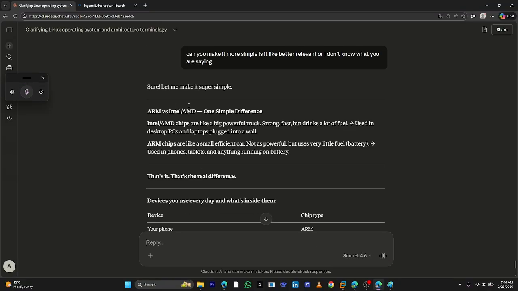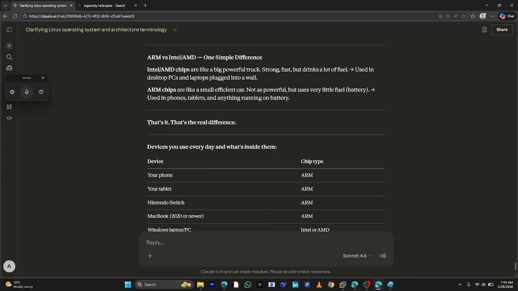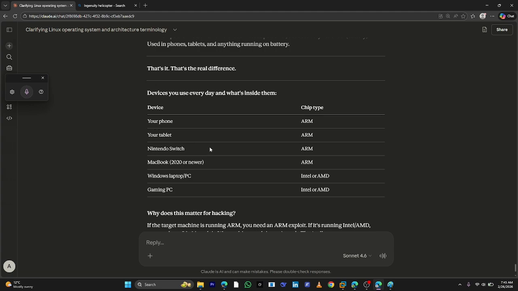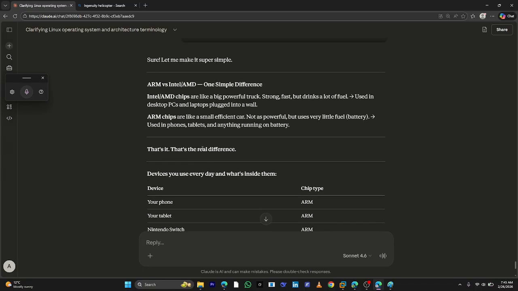Make it simple. Yeah, it's for efficiency, and as I said, if the same ARM thing were used in desktop PCs, it would just drain the battery so fast. But since desktops do not have a battery, they just use the Intel and AMD chips. While other devices like tablets, phones, and MacBooks are using the ARM chip, in MacBooks from 2020 and in modern devices as well, because they are more efficient and use little fuel or battery.